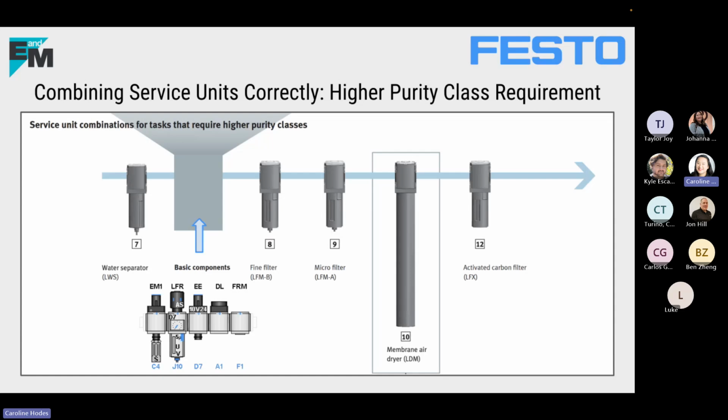So in this example, we added the basic components in with a water separator, a fine filter, microfilter, membrane air dryer, and an activated carbon filter. That membrane air dryer could also be replaced with an absorption dryer. Another thing to note is that pressure gauges and sensors can be configured individually for monitoring and displaying pressure and flow rates.